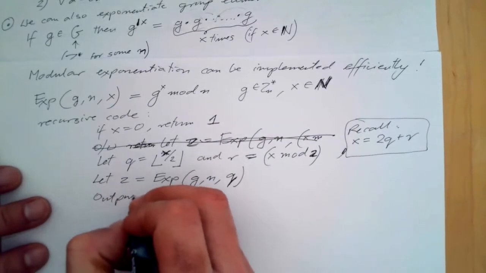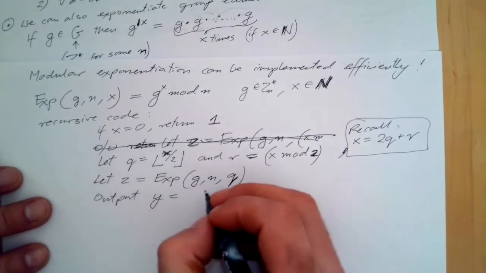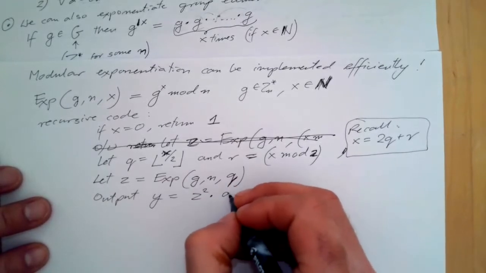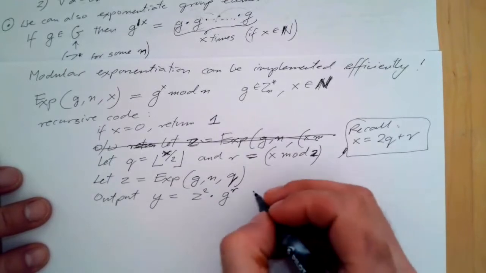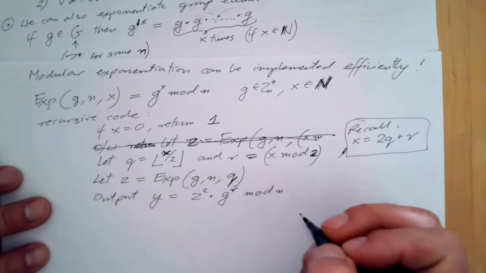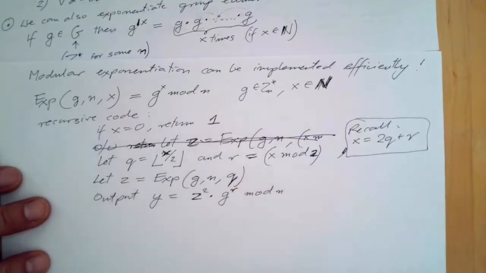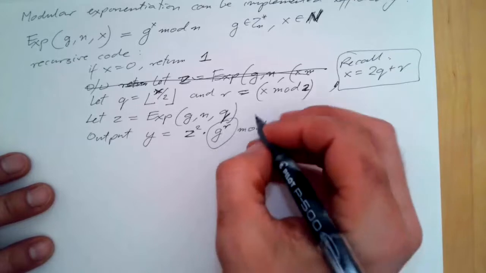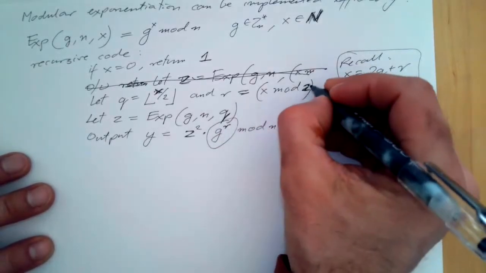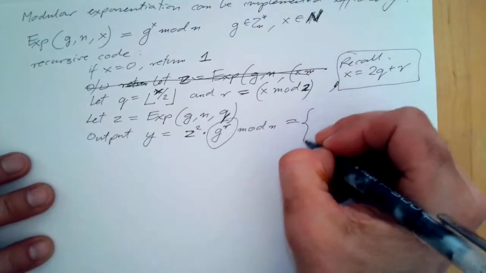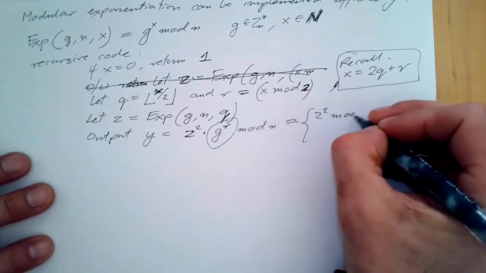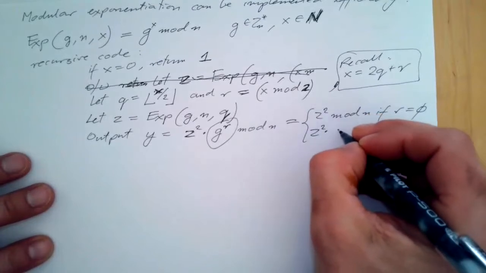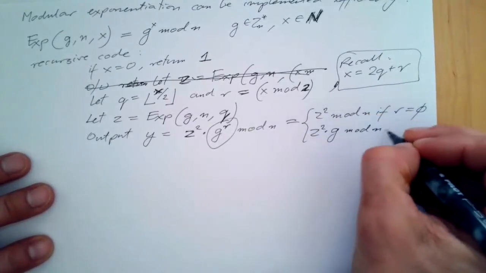And output y, which is Z square times G to the R mod n. Now, note that R is X mod 2, so R is either 0 or 1. So this is simply Z square mod n if R is 0, or Z square times G mod n if R is 1.